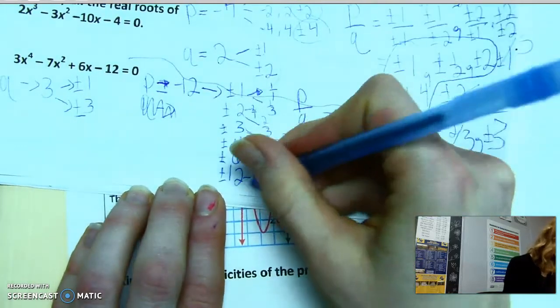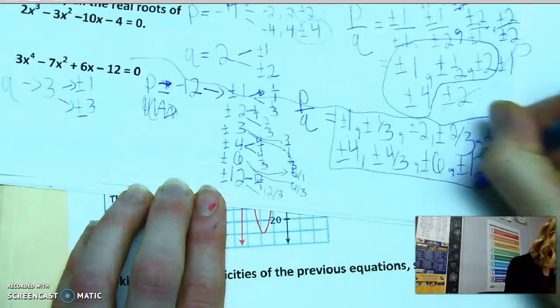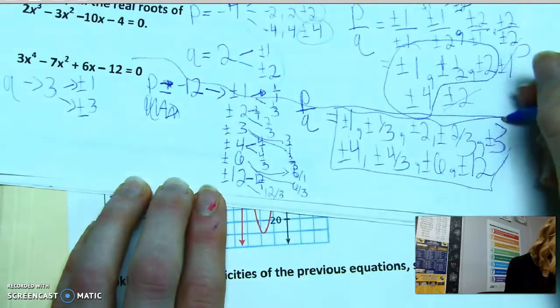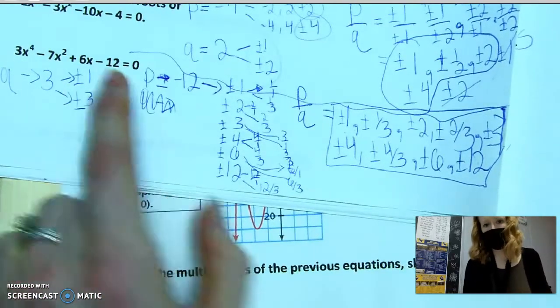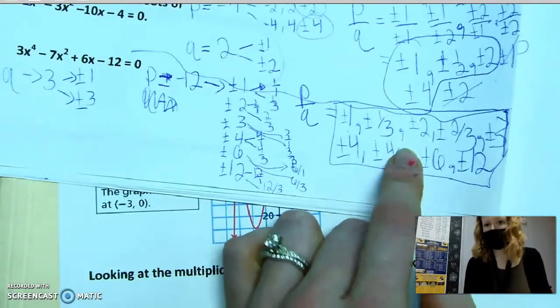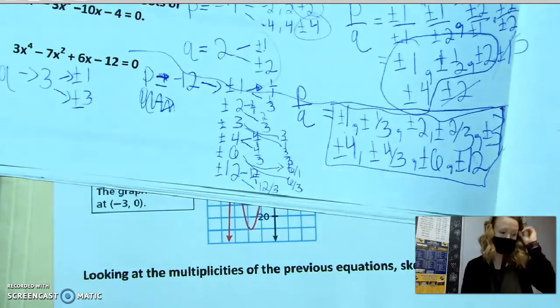And then 12 divided by 3, which I already have written on my paper. So all of my real roots, the possibilities for my answers to solving a polynomial, will fall within these options. So no matter what, the solutions will be one of these options, the real ones.